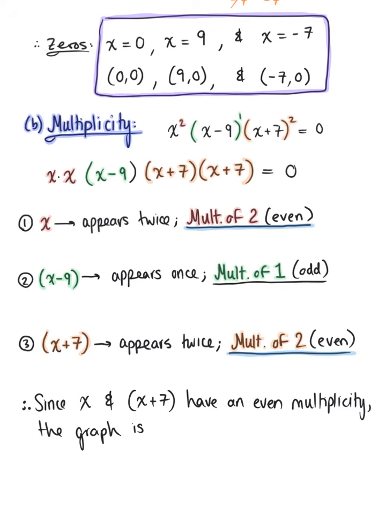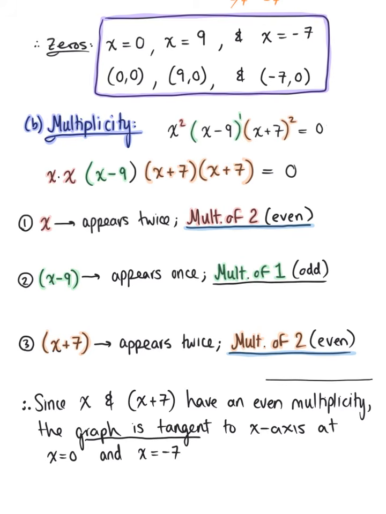So because the factor's multiplicity is even, the graph is tangent to the x-axis at x equals 0 and at x is equal to negative 7. So even multiplicity implies that the graph is tangent to the x-axis at the corresponding zeros.